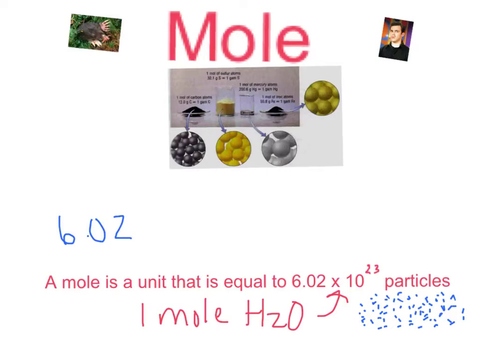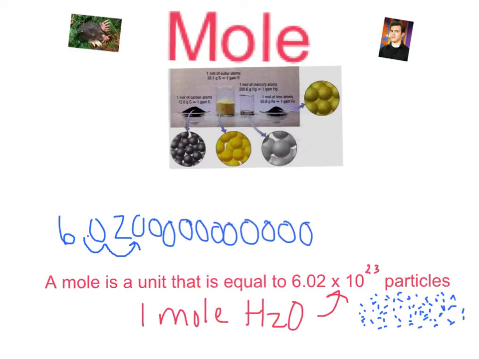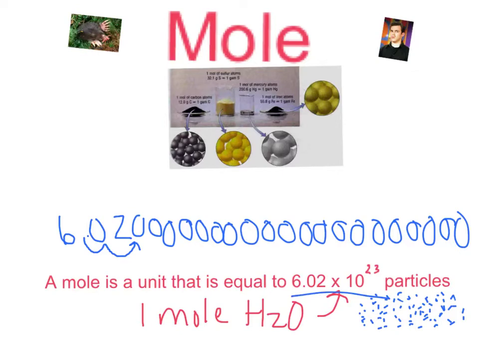That actually means move the decimal to the right 23 times. So we can do it twice right here and move it there. So that's 602. But now I have to move it 21 more times, which means I have to add 21 zeros. I'm sure I'm not even going to be able to fit it, but my point here is that you realize that that is a huge number.